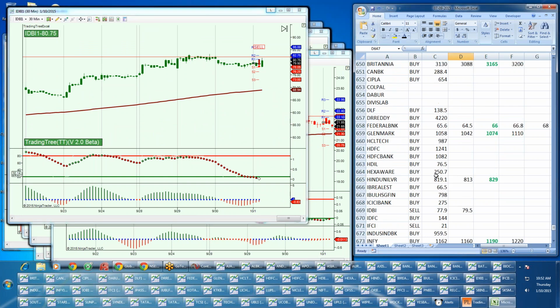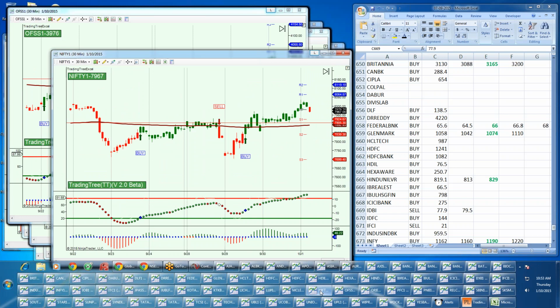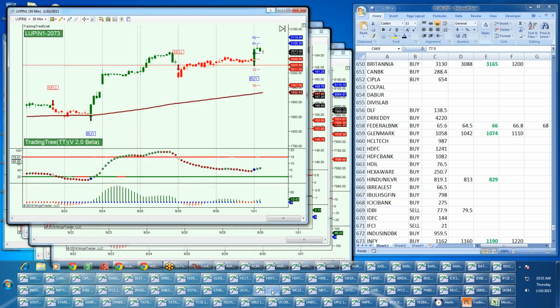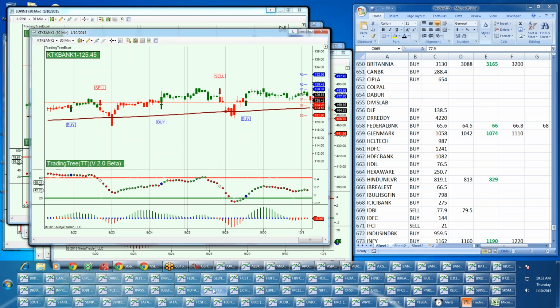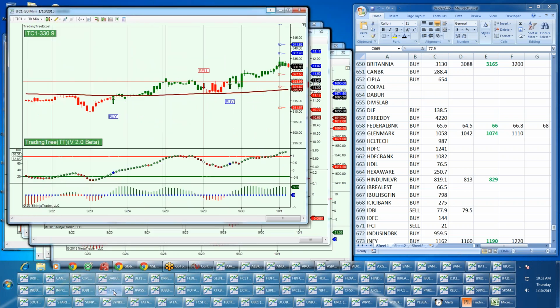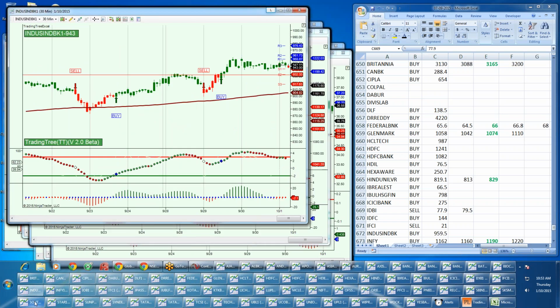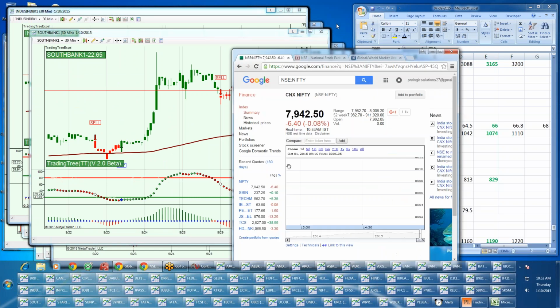Our buy price was 7790. So there goes Nifty, it is in red now.